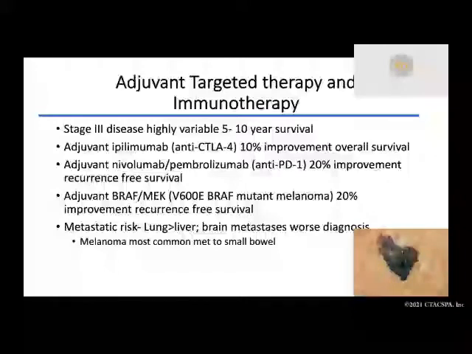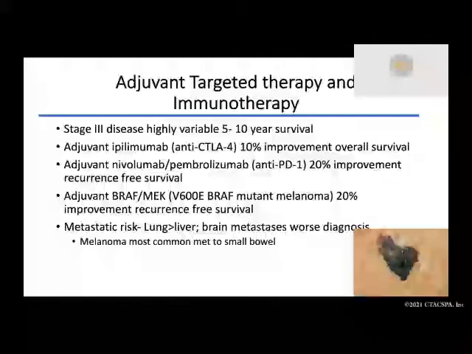Sometimes they'll ask you what's the highest risk for melanoma as far as metastatic spread. Local regional spread to lymph nodes is always the highest risk, but we don't consider that metastatic. Lung followed by liver is the most common location where you'll see metastases.